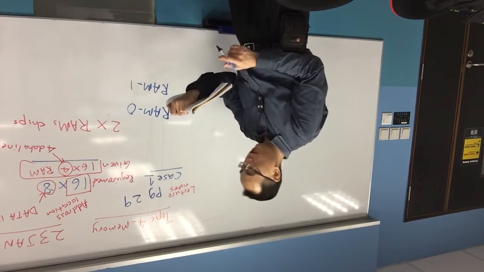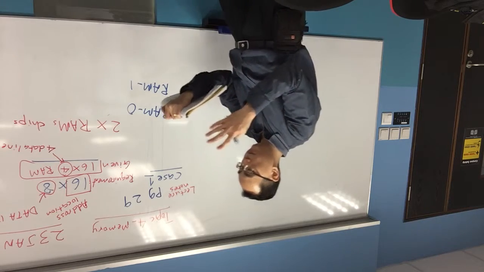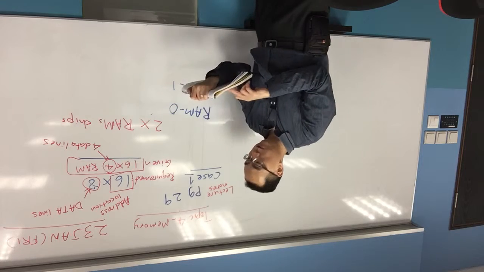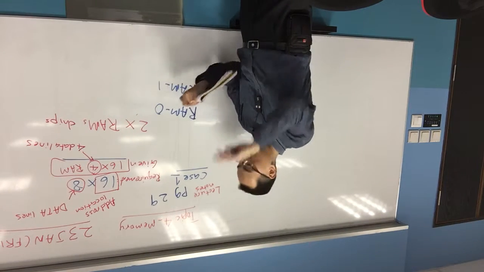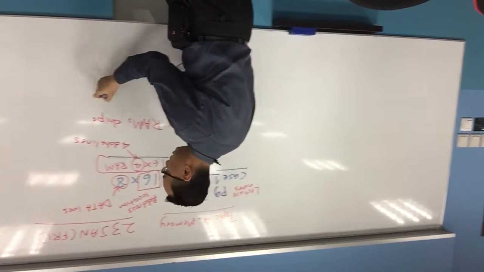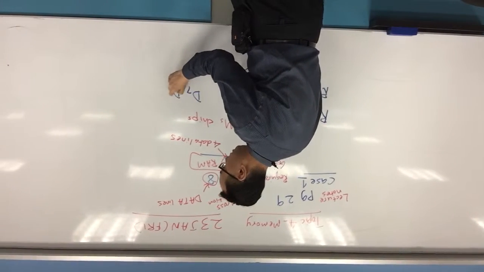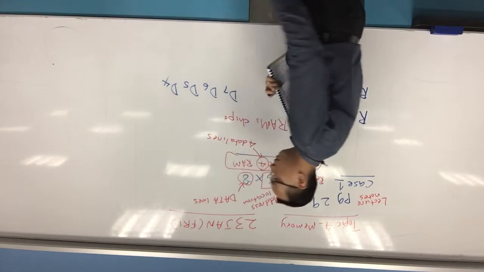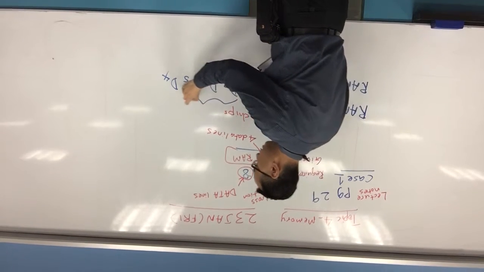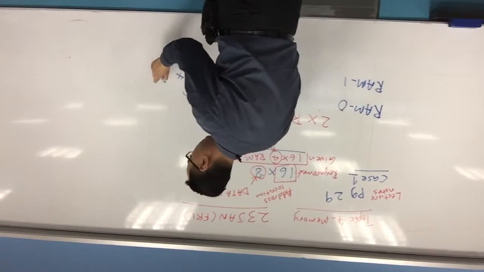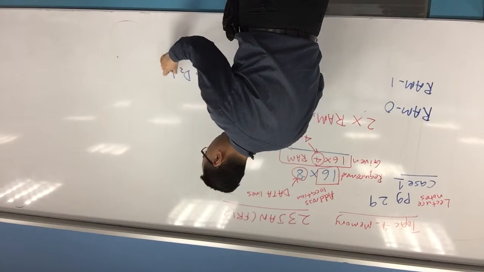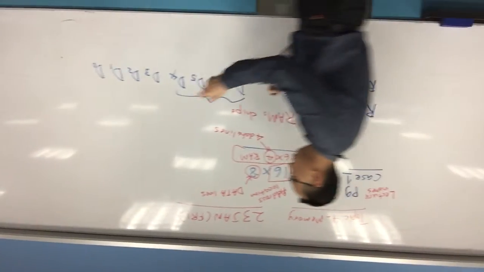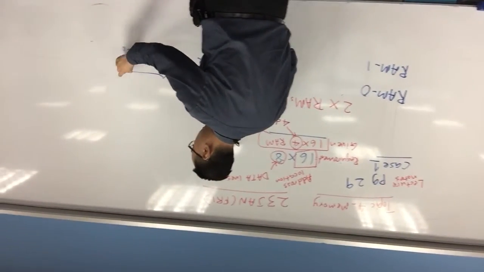So your RAM 0 can store the 4 higher order bits, and the other RAM will store the 4 lower order bits. Something like this. Let's say D7, D6, D5, D4 is one set, and of course you have D3, D2. Yeah, correct. So it's up to you to allocate it.